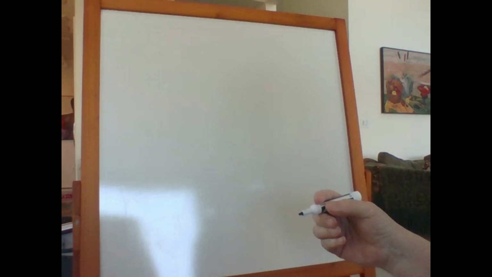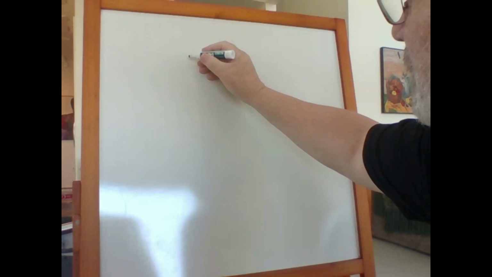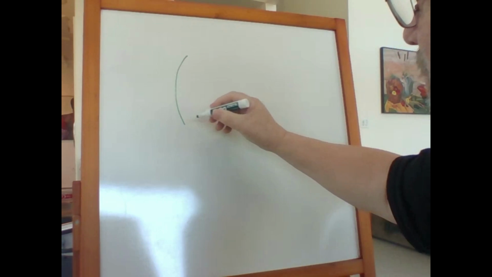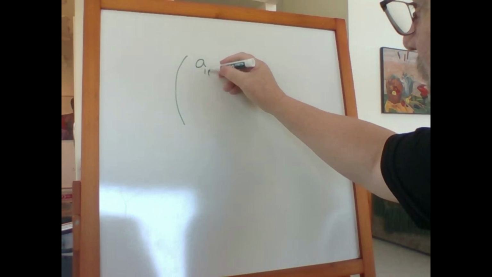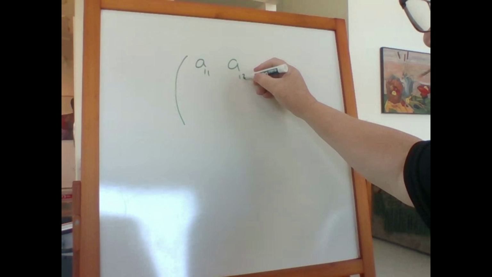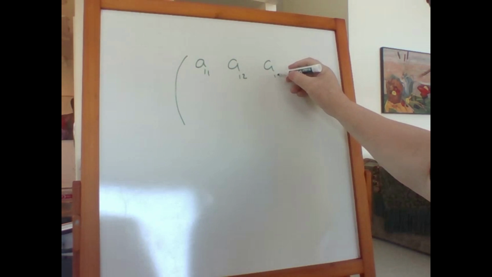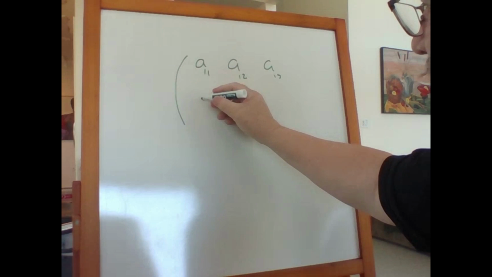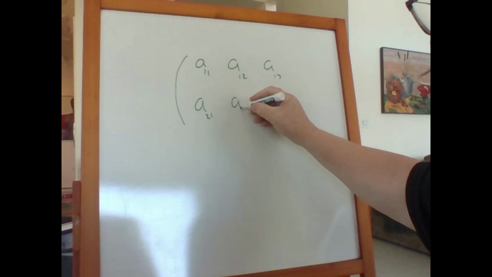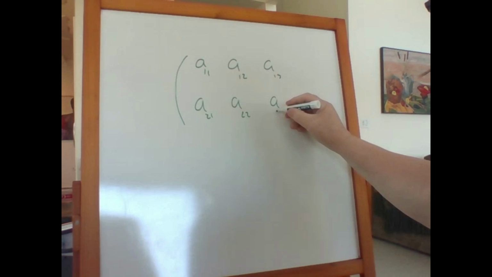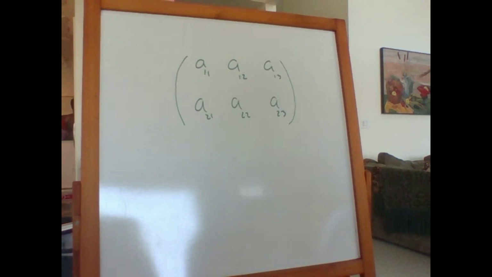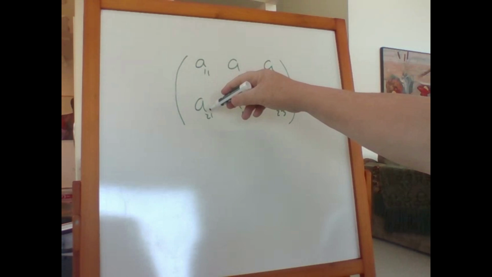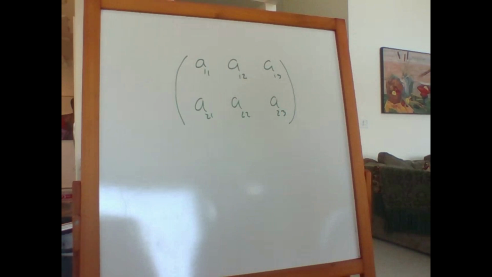We usually put it in a large bracket, and then we say this is position A11, A12, A13, and A21, A22, A23, and that's a 2 by 3 matrix. We've got 2 rows and 3 columns.